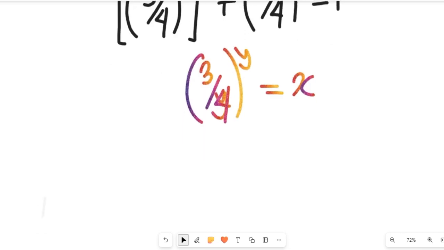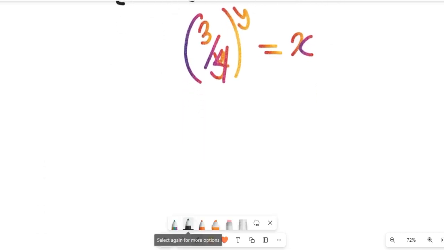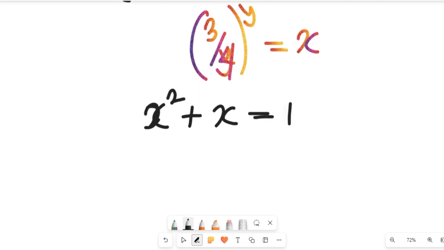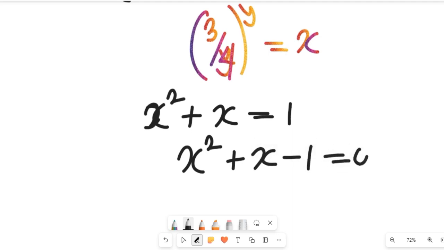So that expression will give us x squared, right? And then this other one gives us plus x, and this will be equal to 1. So this equation will be x squared plus x minus 1 equal to 0. We subtract 1 from both sides.